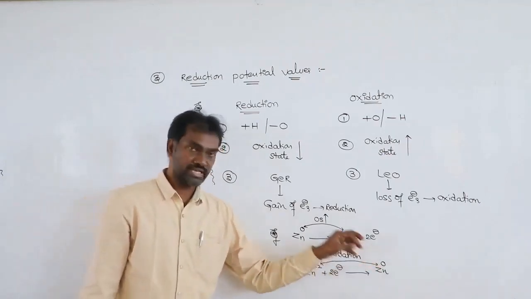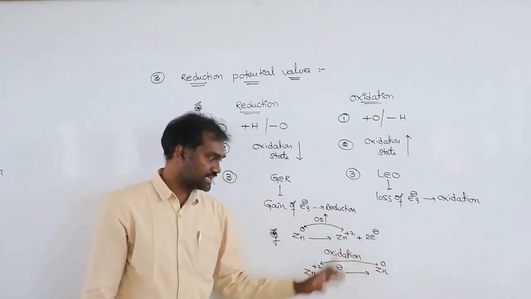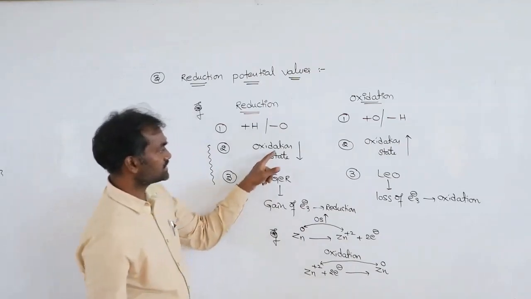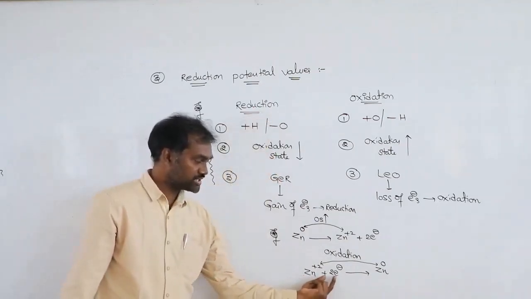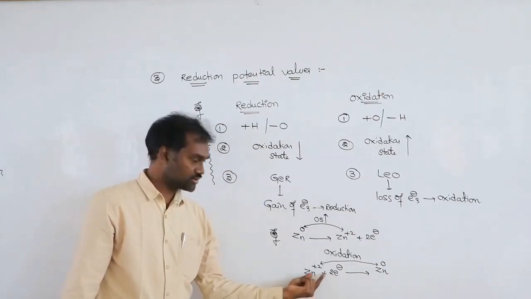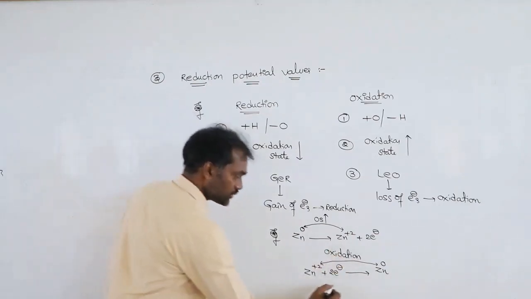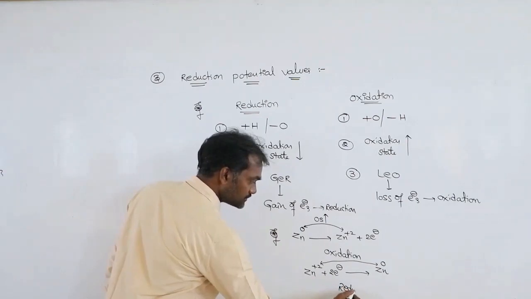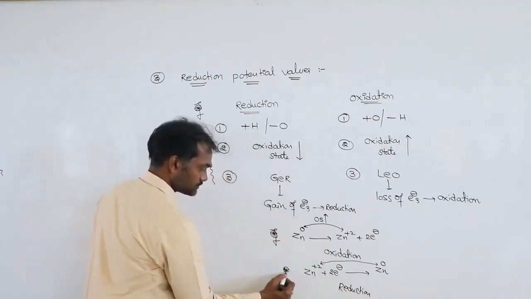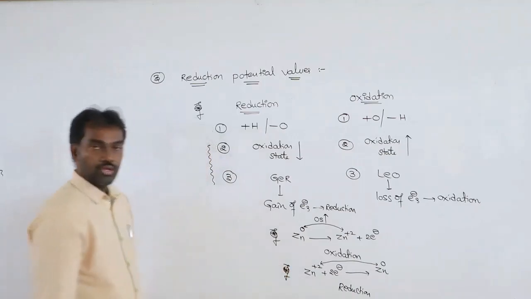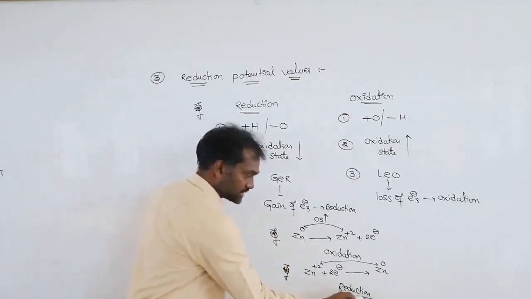Plus 2 to 0 is a decrease. The oxidation state decreases, which means reduction. Zn plus 2 is absorbing 2 electrons, so gain of electrons you also call reduction. Now you have understood reduction.